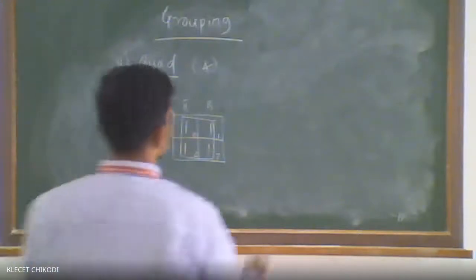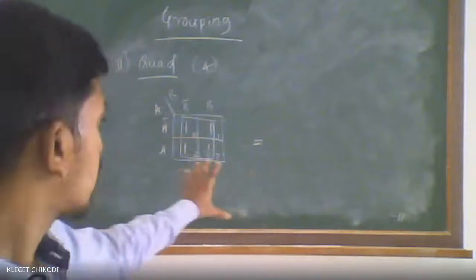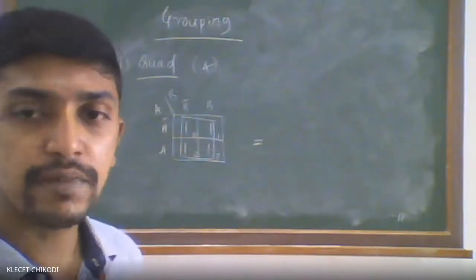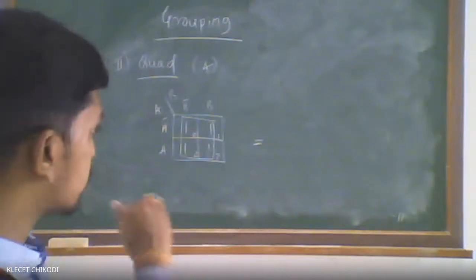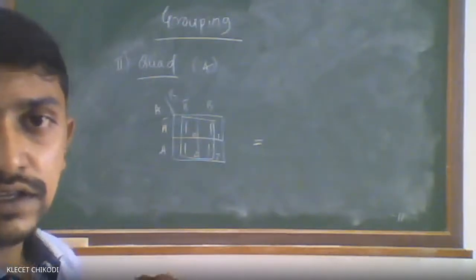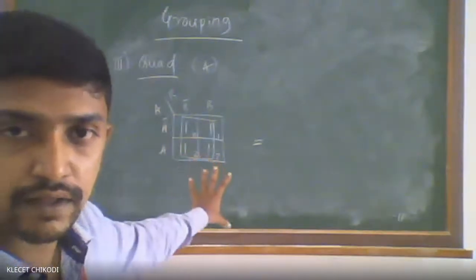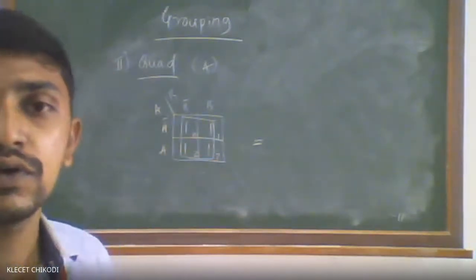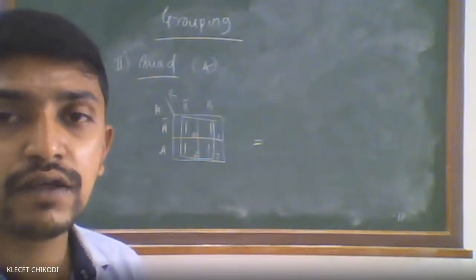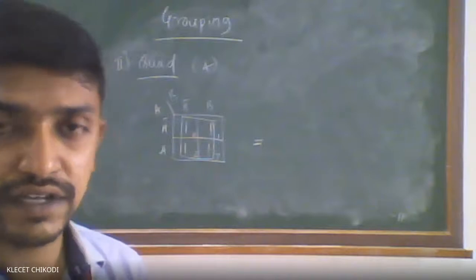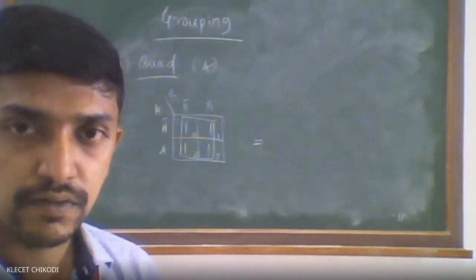Now, how to solve that? What will be the answer for that, for the quad? This is for 2 variable I am asking. In two variable K-map, I have all the values are 1. Okay. So anybody, if all the cell values are 1, considering SOP function, what you will get?